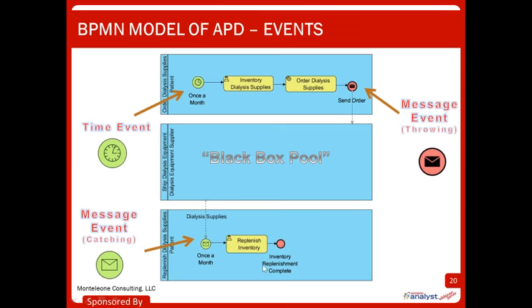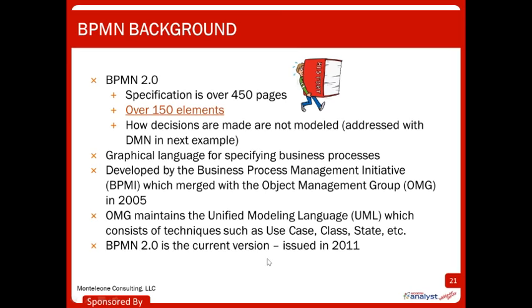At least I've shown you some kind of an example, and a medical one at that. BPMN, well, it's version 2. It was issued back in 2011, and it's quite a tome, 450 pages. Oof, lots of things to read. Of course, fortunately for us, there are a lot of good books out on the market that we can learn it from.